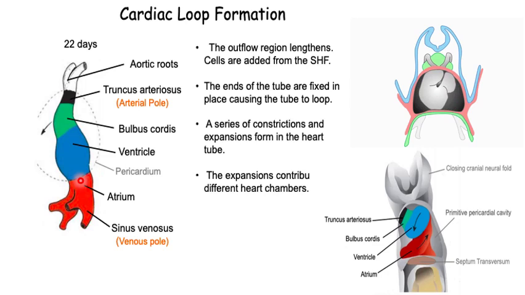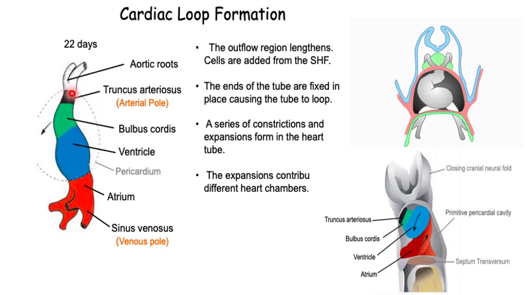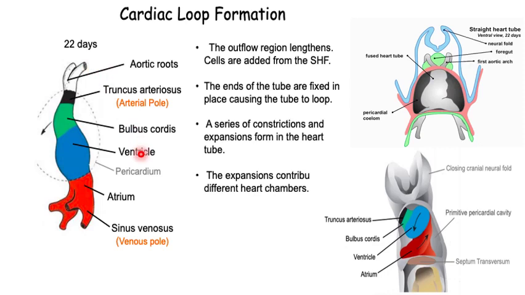The blood then flows through the atrioventricular canal into the ventricle, and from there the ventricle contracts and the blood is pumped through the bulbous cordis, into the truncus arteriosus, and then into the aortic sac, from where through the aortic arches, which are the arches of each pharyngeal arch, it is passed on to the systemic circulation.